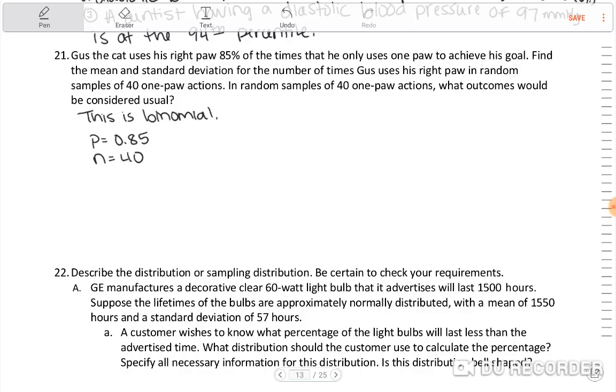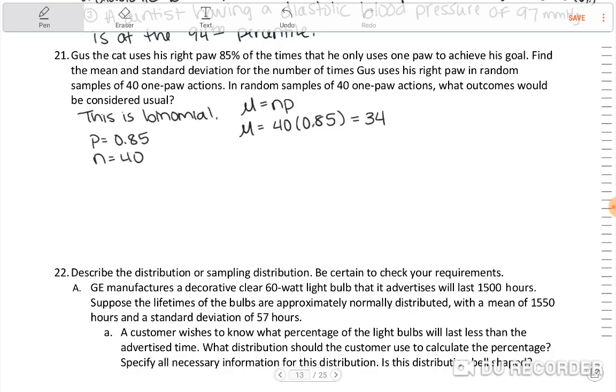We want to find the mean and standard deviation. Since this is binomial, the mean is just NP. So the mean here is 40 times 0.85, which is equal to 34.